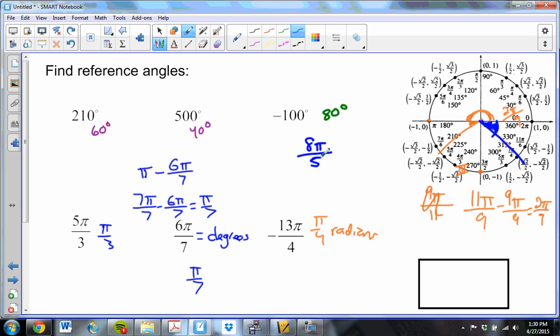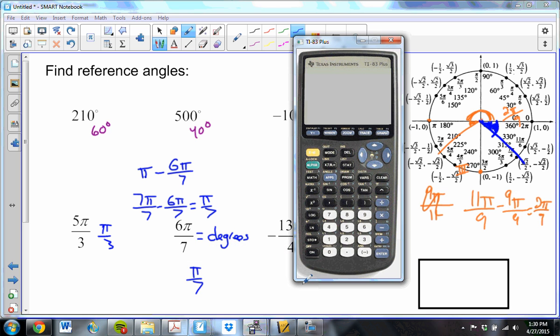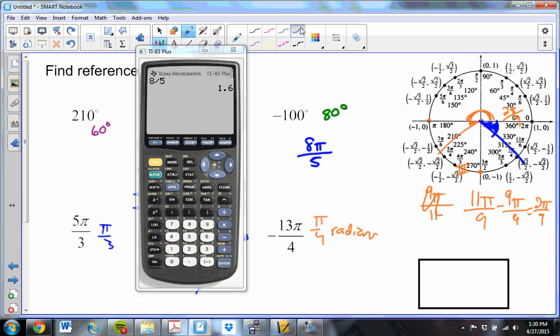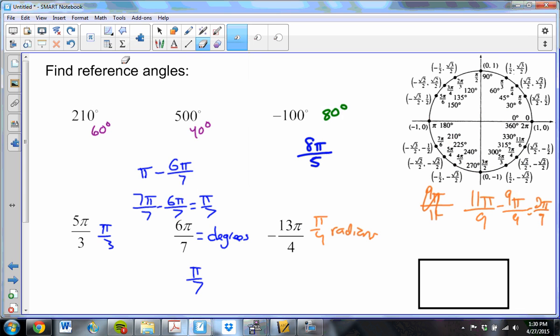What I'm doing is I'm trying to find a decimal that's bigger than 1.5 that isn't on the unit circle. So since 8 divided by 5 is bigger than 1.5, I know I'm bigger than 3 pi over 2, so I have to be in the fourth quadrant, and that's the one quadrant we haven't done yet. In the fourth quadrant, I want to figure what's left.